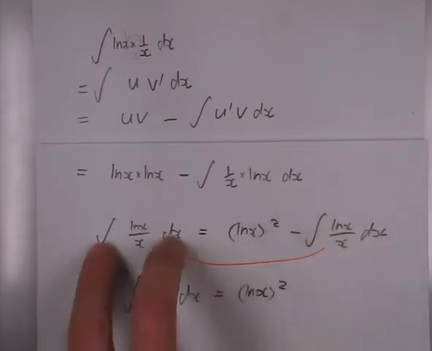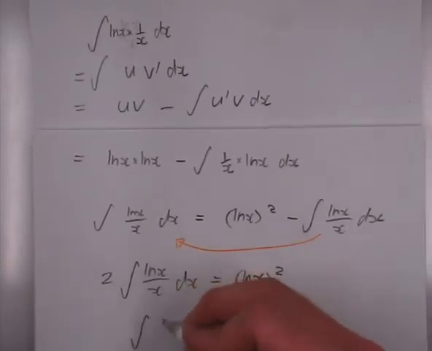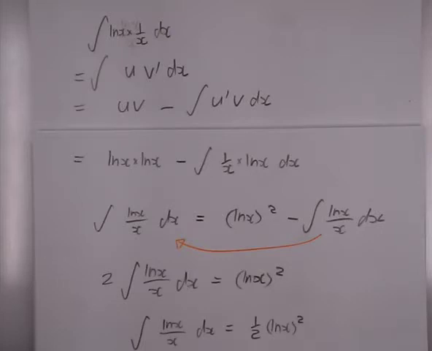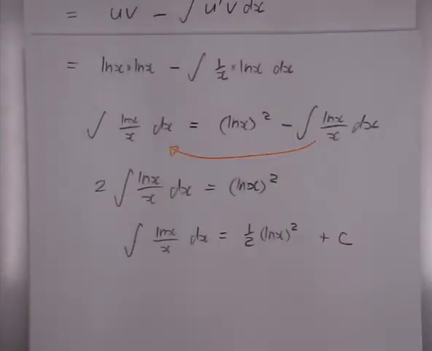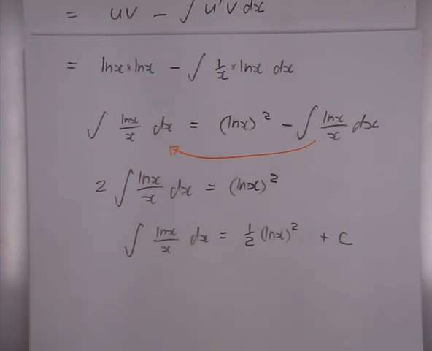So I put this over there, and now there's 2 of them, and now I can just divide both sides by 2. And now that I've actually finished, I'll put a great big plus c. Technically, I should have put it here as soon as this side had no integral.